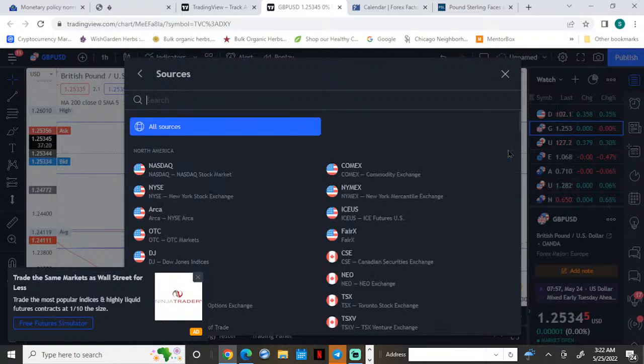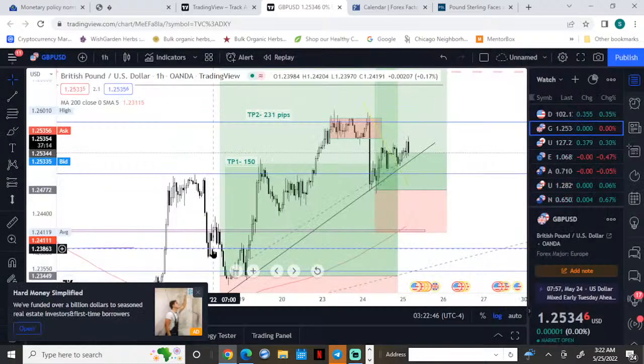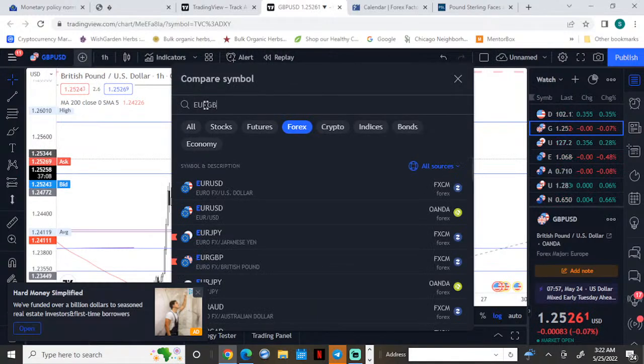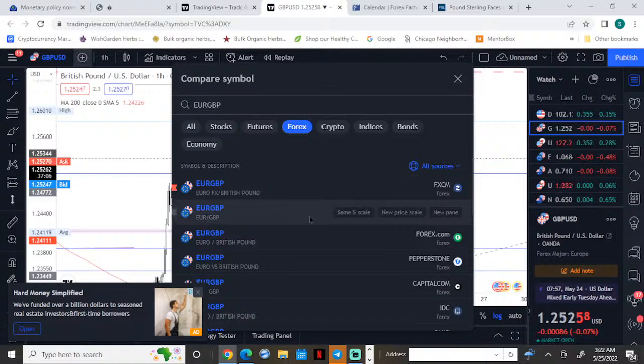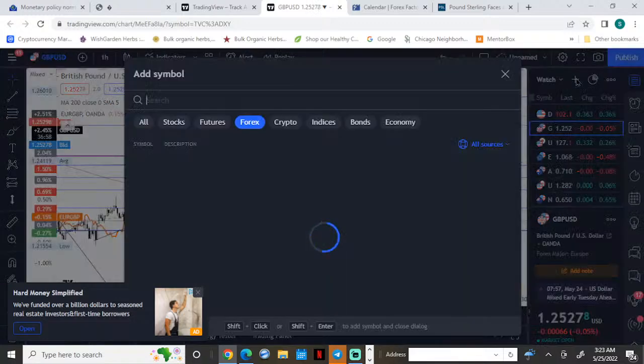Does Oanda not have a chart for the pound euro? Type in euro GBP, right? Let's do that. Yeah, there we go. Gonna add that to my watch list. And we'll look at that.